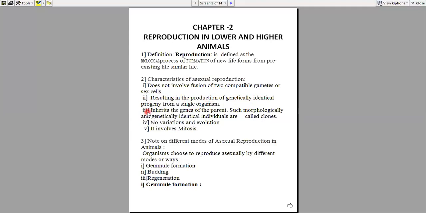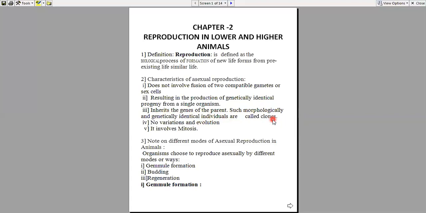Point number three, it inherits the genes of the parent. Inherit means the genes are transferred directly from the parents to the offspring. And such morphologically and genetically identical individuals are called clones. Now here the offsprings which are formed by asexual reproduction, they are known as clones.